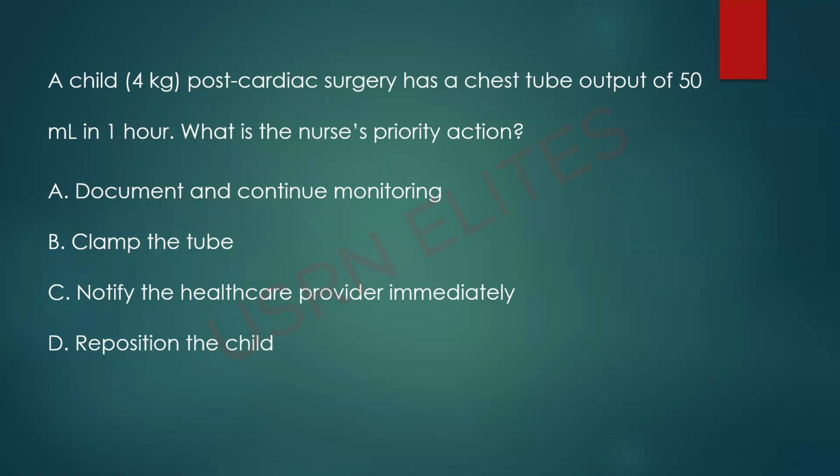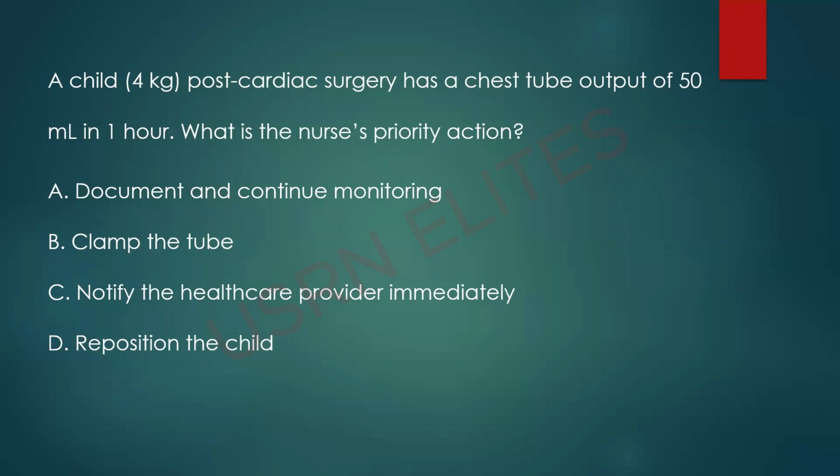Okay, so the child weighs 4 kg, and we have just learned that 5 to 10 mils per kilogram per hour in the first hour might be indicative of cardiac tamponade or bleeding. So if you calculate with the lower limit, 4 kg times 5 gives you 20. If you calculate with the upper limit, 4 kg times 10 gives you 40.